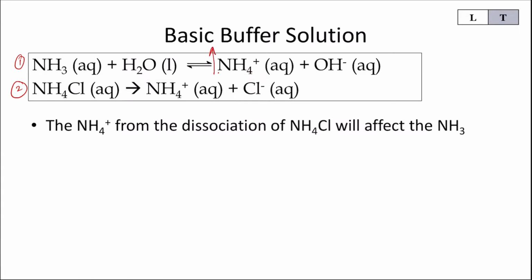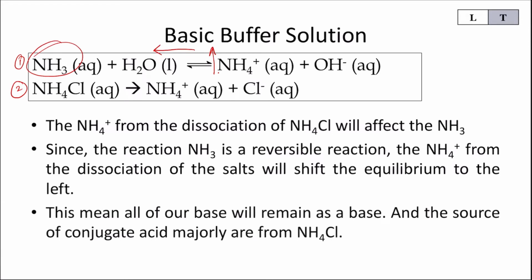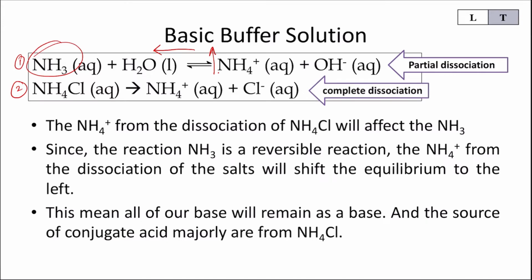This makes the equilibrium shift to the left according to Le Chatelier's principle. So bila dia turn to left ataupun shift to the left, dia akan menyebabkan our base ammonia remain as a base dan source of conjugate acid adalah majorly daripada NH4Cl. So tips lagi satu, bila awak write the equation, jangan lupa untuk weak acid dia adalah partial dissociation dan untuk salt dia adalah complete dissociation.